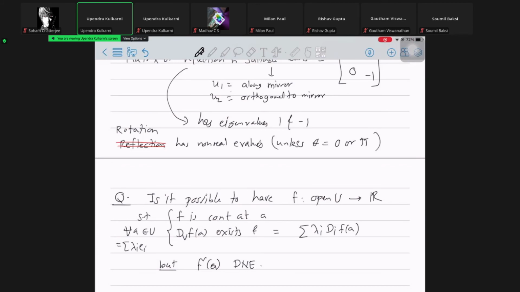So, sorry, what did I say? Just the continuity of partial derivatives at a single point will give me the existence of the derivative at that point. Yeah, you'd asked me this question, and in the midsem, I think I made a calculation mistake.